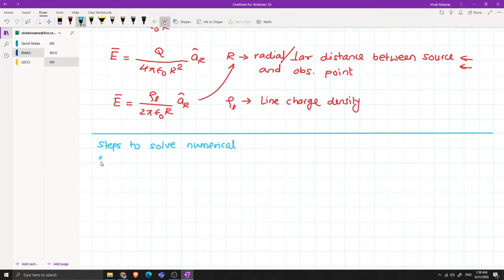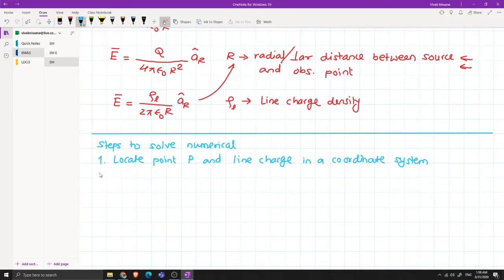Okay, first step, locate point P, the point of observation, and the line charge in a coordinate system. Which system you are going to use depends upon what kind of information is given in the numerical.